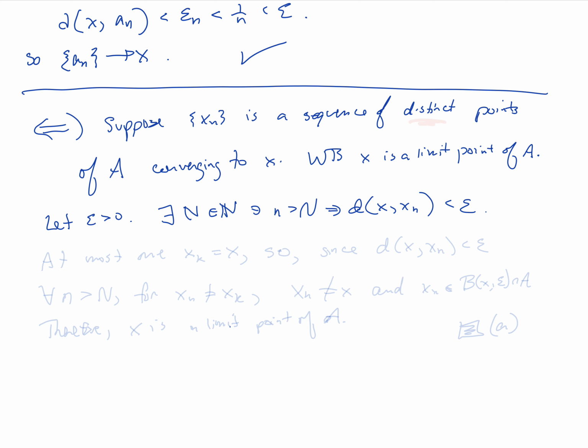Now these are distinct points, and the only really important part of that here is that they cannot all be equal to x. At most, one of these points is equal to x. So at most one x_k is equal to x, because these are distinct points. Maybe one of them happens to be equal to x, but at most one of them can be.